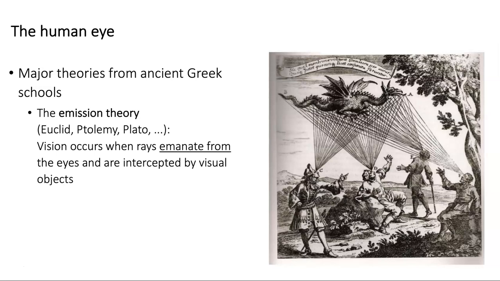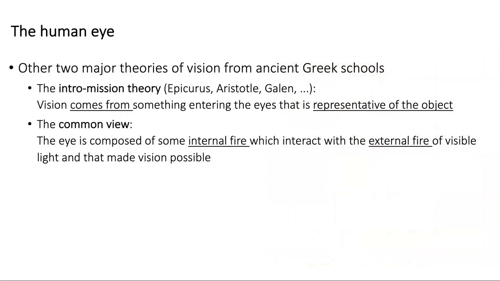So when these rays intercept with objects, then vision occurs. So this was the idea. It is now difficult to understand what that means, but it was quite an expected framework of thinking in ancient Greece. And then there were opponents to that view.